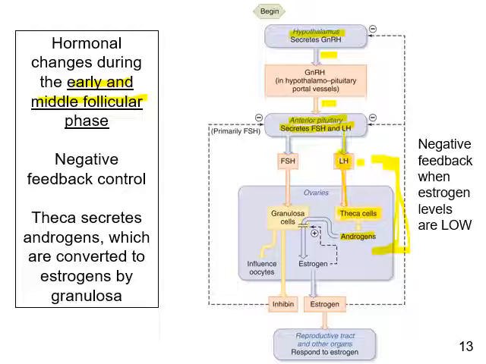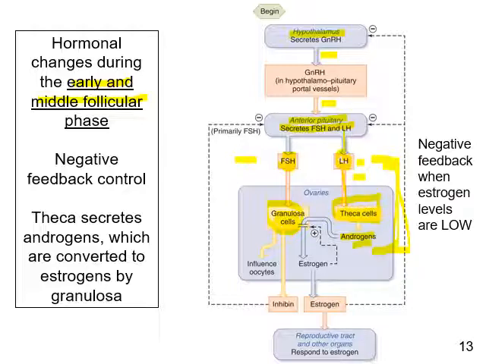At the same time, FSH from the gonadotrophs activates receptors in the granulosa cells, which respond to FSH receptor activation by proliferating. So the granulosa cells proliferate in response to FSH, and the theca cells proliferate and produce androgens in response to LH.